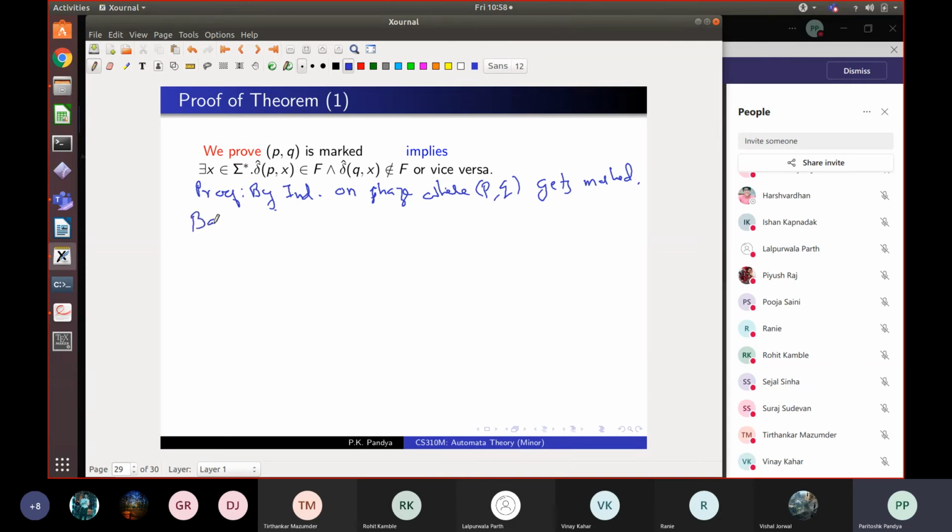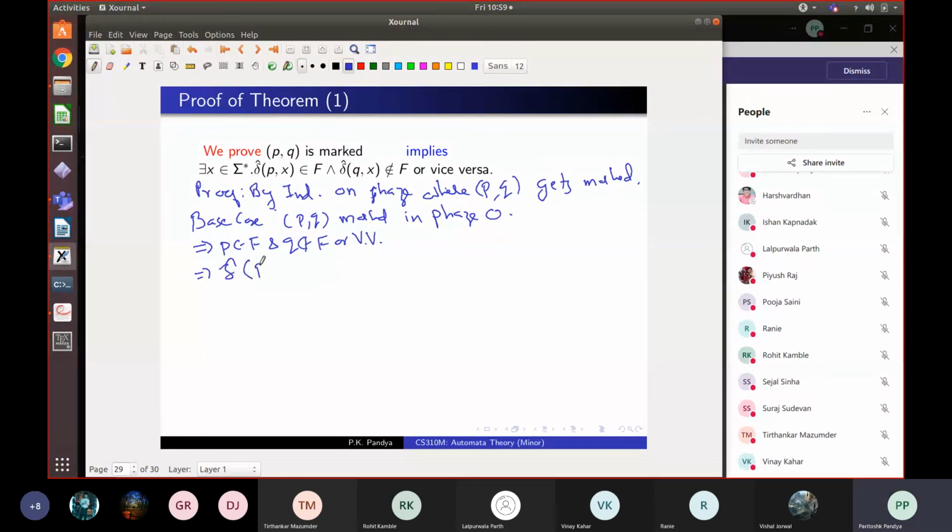So the base case is PQ marked in phase 0. This implies what? P belongs to F and Q does not belong to F, or vice versa, right? This is how we mark pairs in this phase. Do you agree? But this implies what?